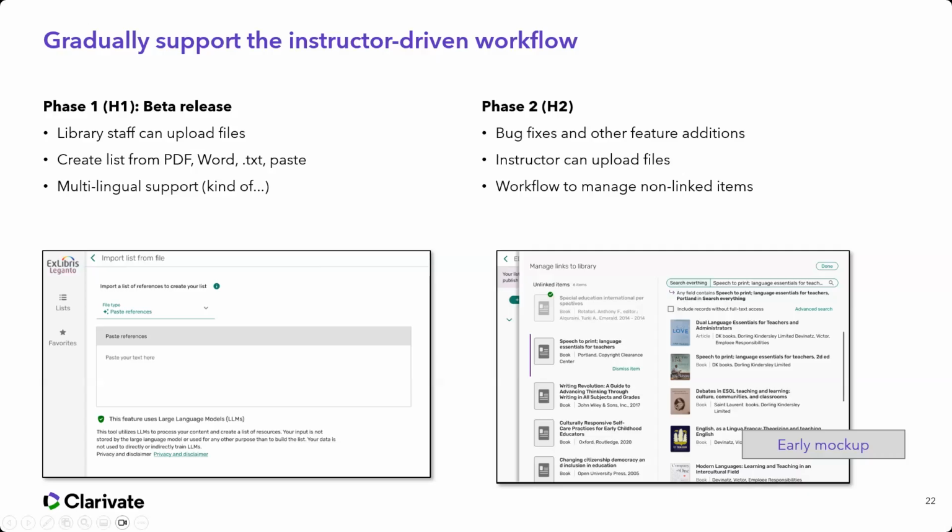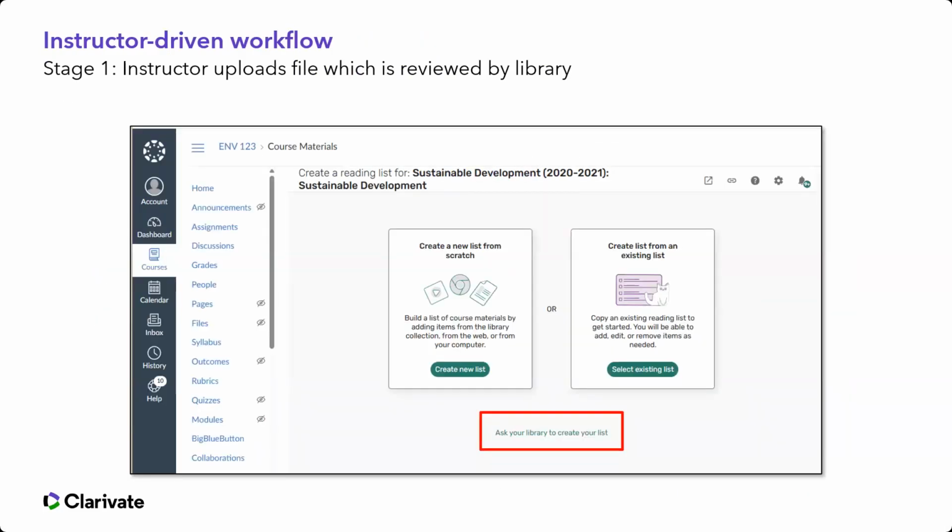A couple of things that we know we need to do, or that we are planning to do, to work toward that. The first one is that the instructor will be able to upload a file, which is then going to be reviewed by the library. This is something that we already have.